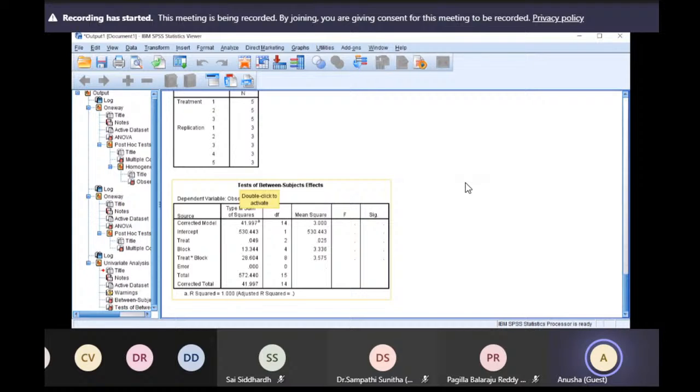If the number of replications is small, the error degrees of freedom will be 0. So please remember that part. You have to give more replication, to avoid 0 here, and then only it will be accurate. Otherwise, there is some problem in the ANOVA table.